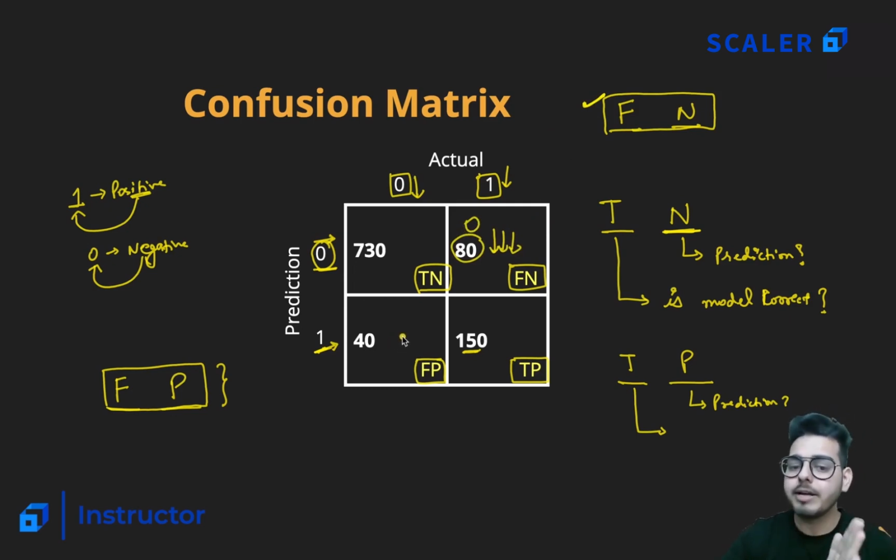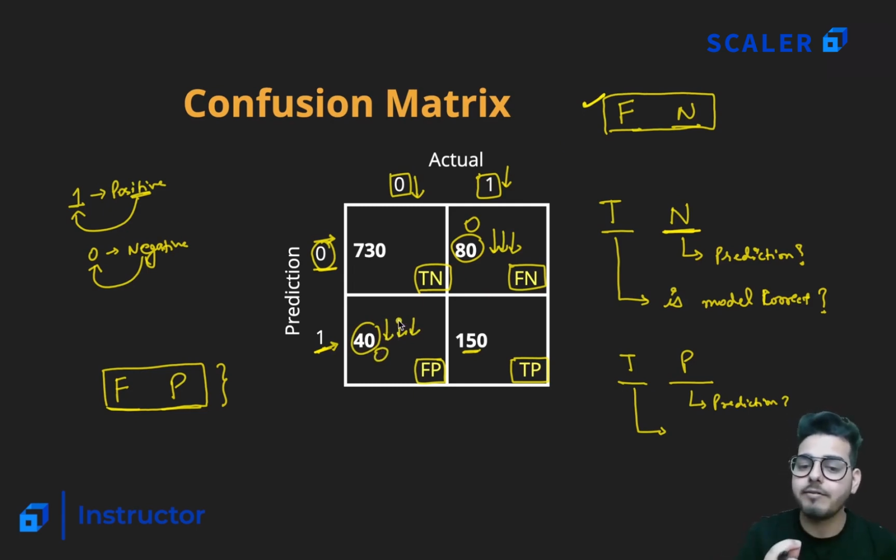That no employee is left. Like if the employee in actual is leaving, then the model should not predict that he's not leaving, right? So ideally, these two numbers, false positive and false negative, should be very low. Ideally, they should be 0.